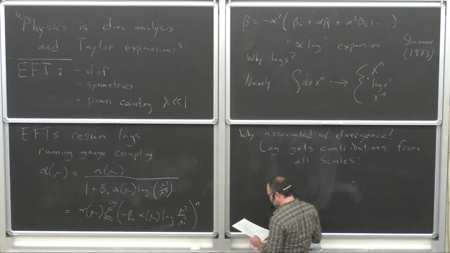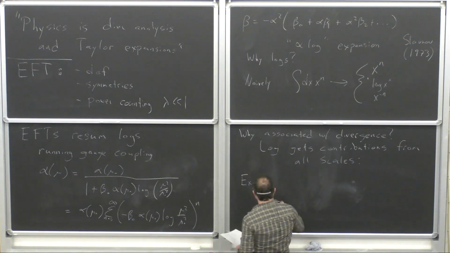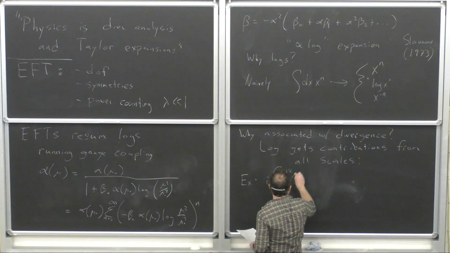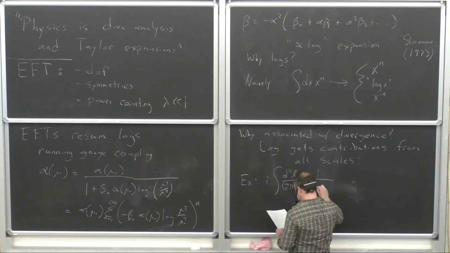A typical example, better than this schematic thing: we have some integral d4L over 2 pi to the 4th, 1 over L squared minus M squared.